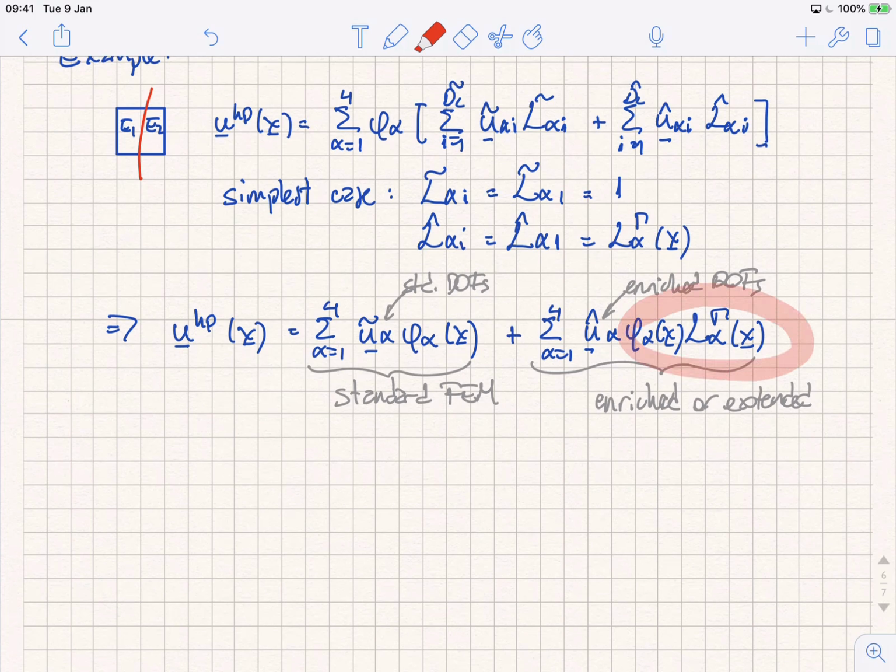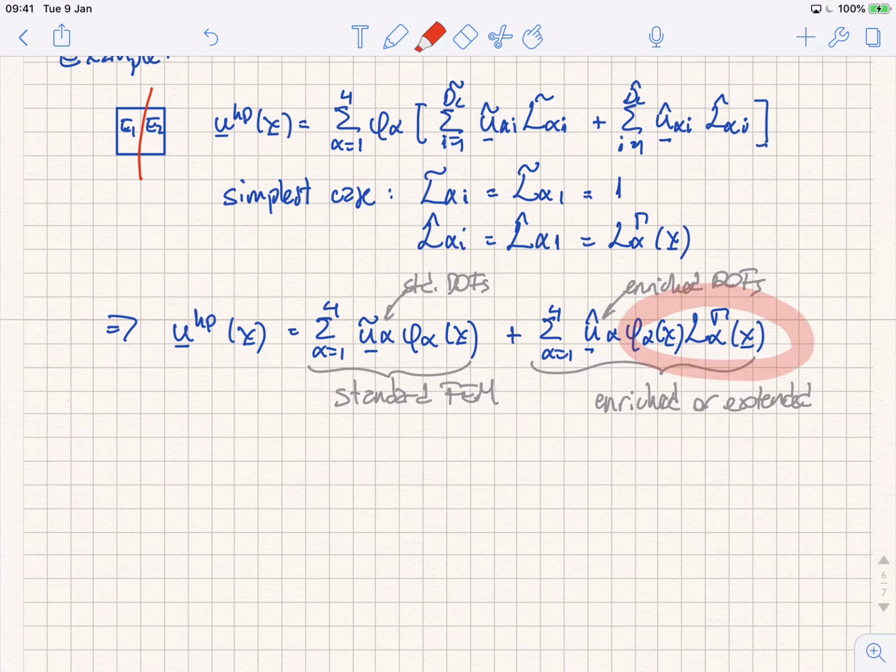So now let's really, too much preamble, let's now focus on the real issue here, which is how do we represent those enrichment functions to reproduce the kinematics of a discontinuity. So there are many different options that you can choose. Yeah, so we're now talking about how we can write that function.